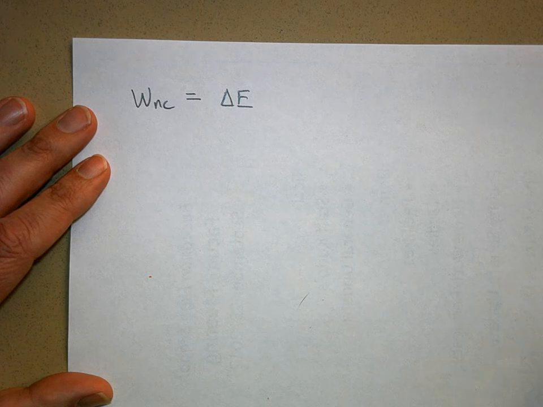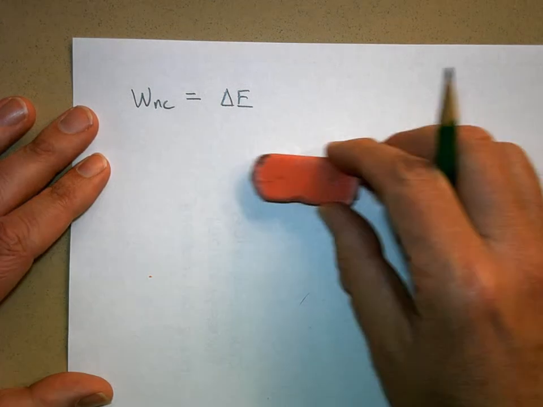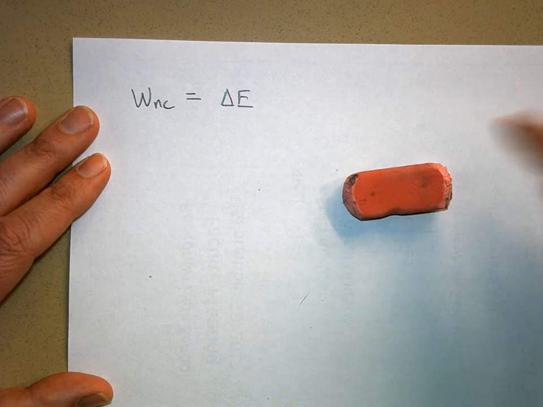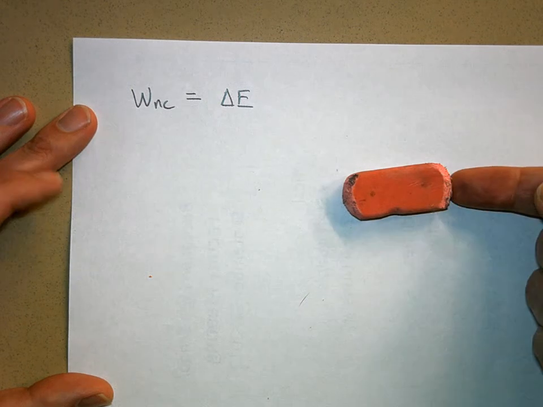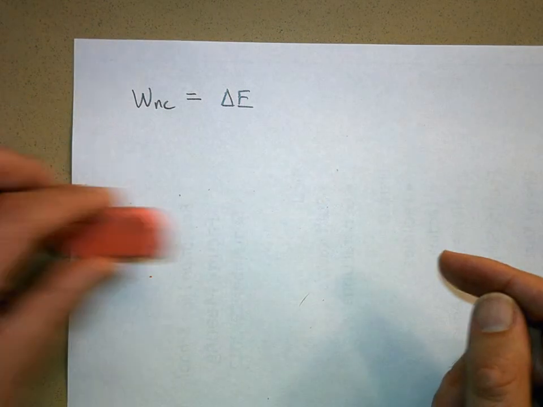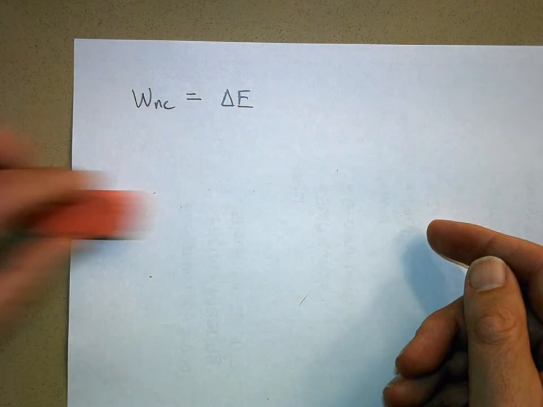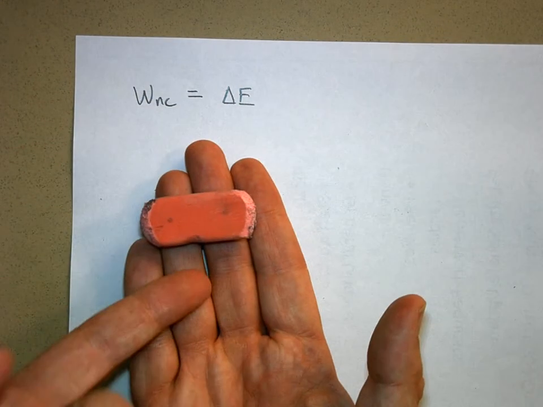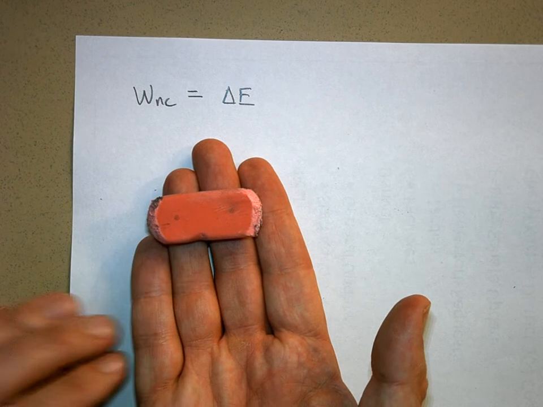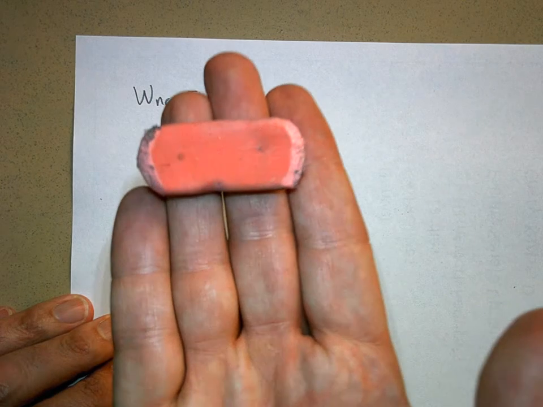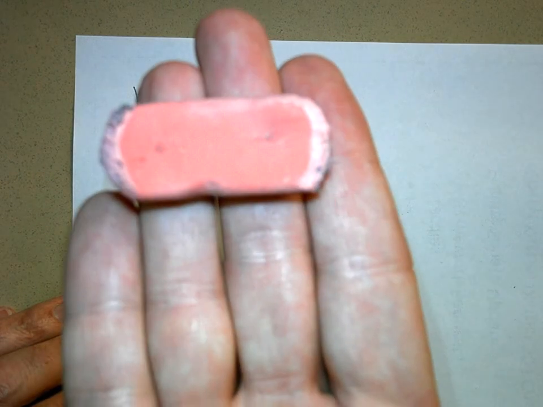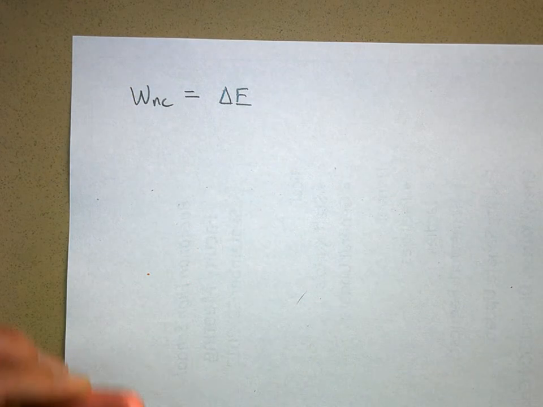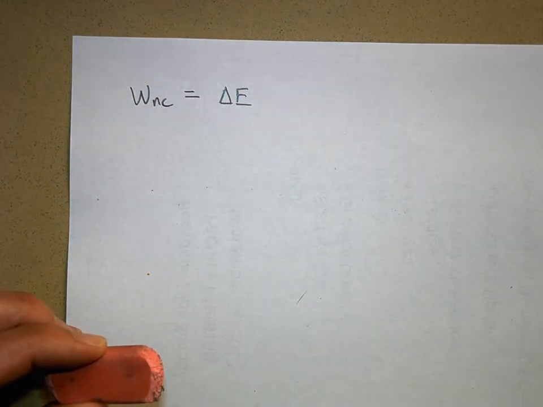For example, an applied force. Now, here's my eraser, and if I were to put an applied force to it, this thing is going to increase its kinetic energy. Or if I have an applied force here, the normal force between my hand and the eraser is an applied force, and I were to lift this thing up, I'm increasing the mechanical energy of the system, right?